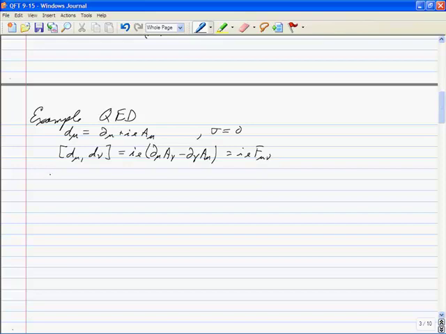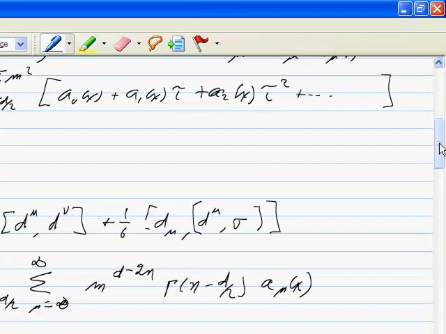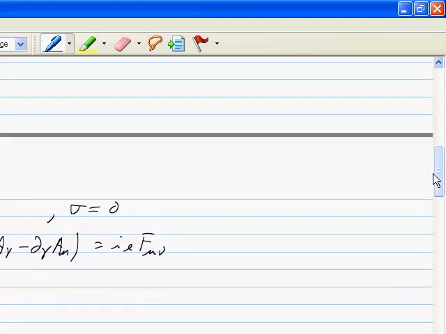And so then the a_2, let's go back up here and take a look at it. a_2 has 1/12 times that thing squared.